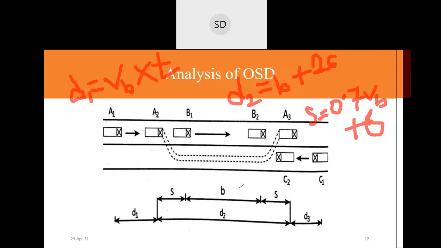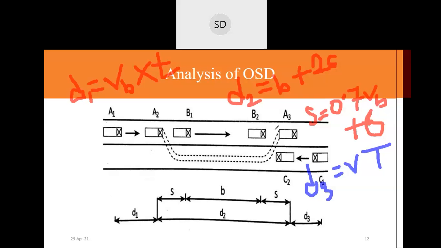And d3 is equal to v into capital T, where T is the actual time for that overtaking operation, that is, the time when vehicle A moves from position A2 to A3.